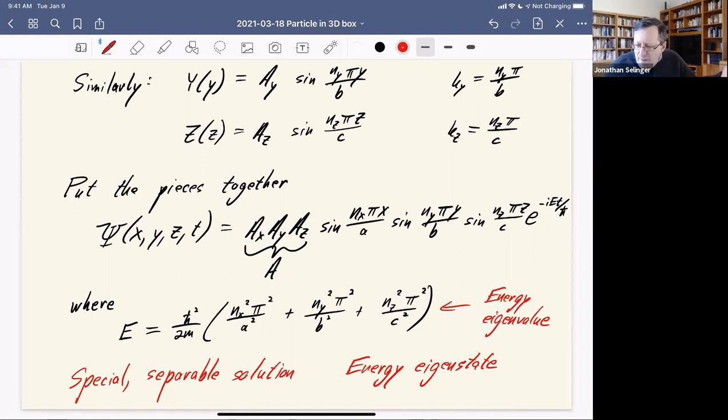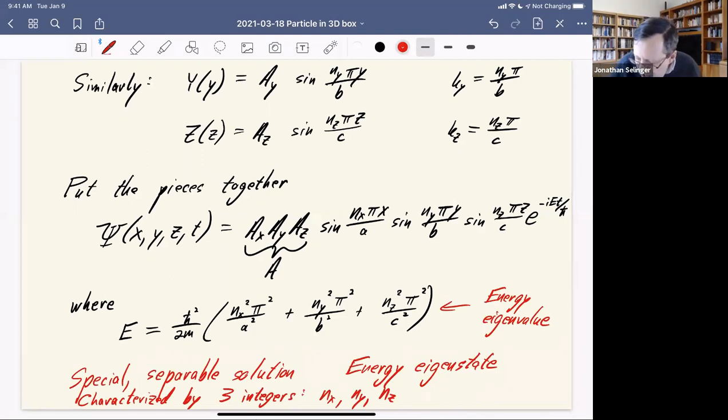There's a lot because we said nx has to be an integer, and ny has to be an integer, and nz has to be an integer, but each of them could be any integer. So this is not a single solution. We found now a whole family of solutions, and the solution is characterized by 3 integers that are nx, ny, and nz.